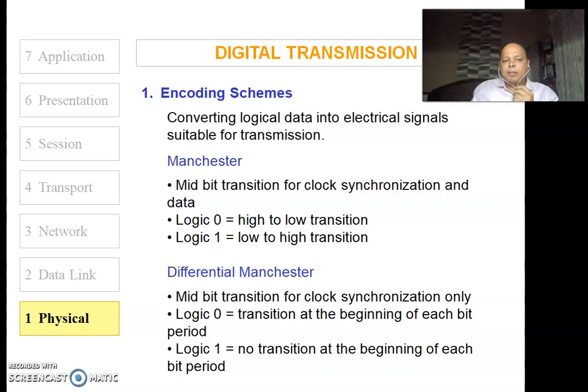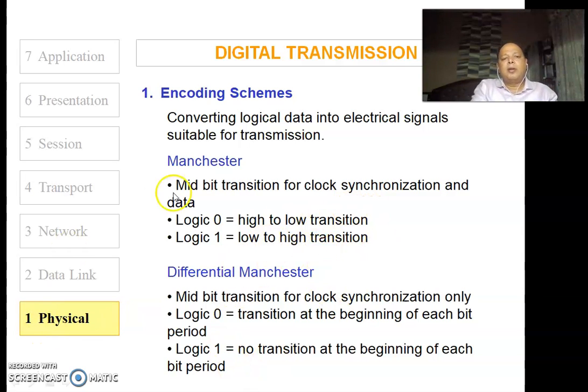Whenever you specify the physical layer, you need to specify all these things. What kind of coding scheme is used? What is the voltage level, current level? What is the speed of the signal? What bandwidth is offered? All these things are specified at the physical layer.